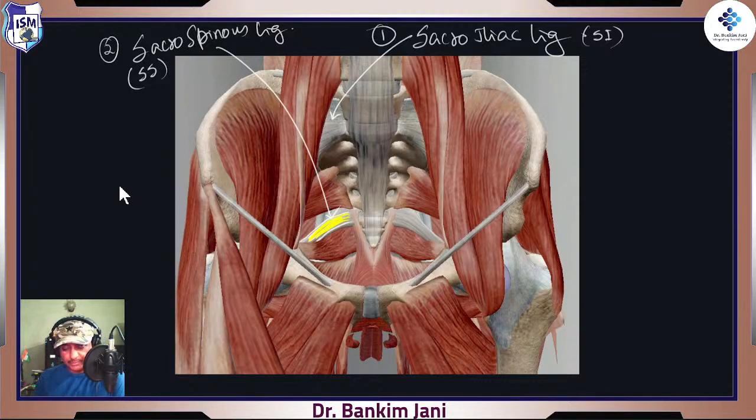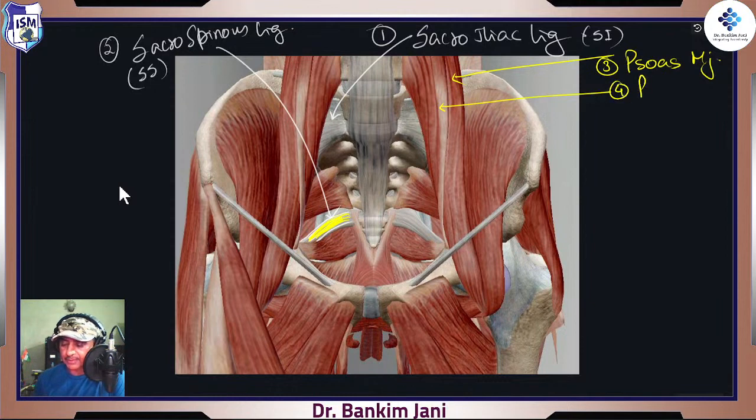Okay. Now let's start with the muscles. Our most favorite muscle, something which we can never miss. We put number 3. That is the psoas major, right? And the younger brother of psoas major, he'll be rightly said as psoas minor.